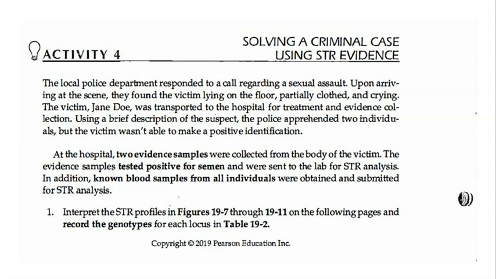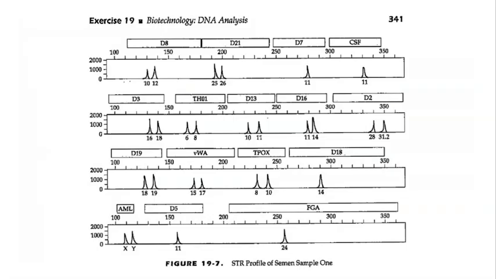With that as our background information, we will complete an activity that matches semen samples collected from a fictitious crime scene in order to narrow down a list of possible fictitious suspects. This is the STR profile obtained from 1 semen sample at this hypothetical crime scene.